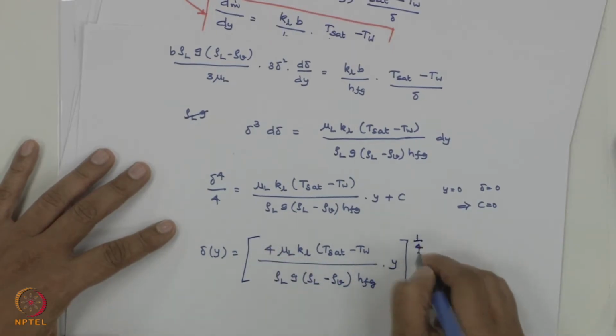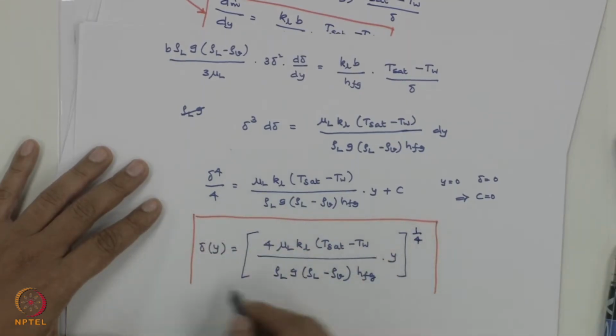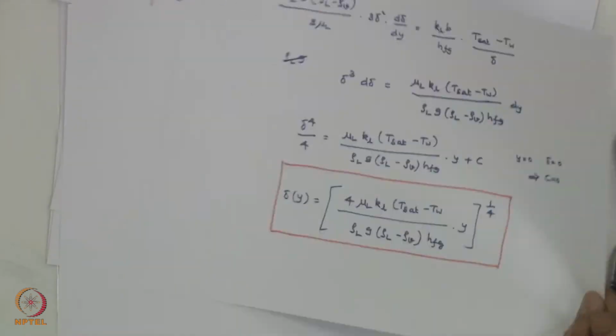So now we are in a position to calculate delta. Because we got delta, I will now be able to calculate h. That is, h is equal to KL by delta.